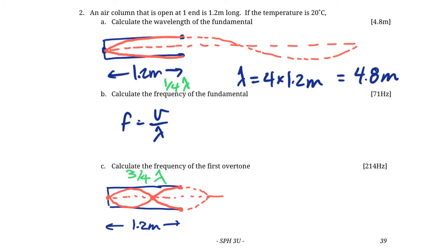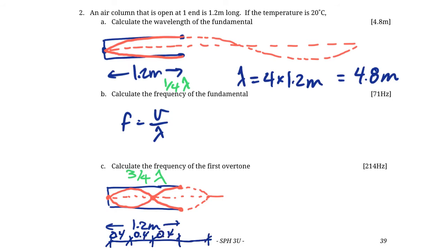So if we wanted to know what the whole wavelength was, there's a few ways to do this. It's up to how it works for your brain. But for me, I see that I can divide 1.2 into thirds, right? So 1/3 of this length, if we were to divide into thirds, is going to be 1.2 divided by 3, which is 0.4.